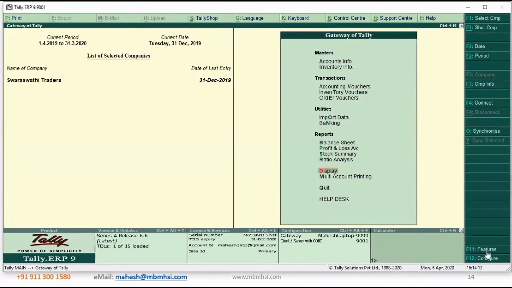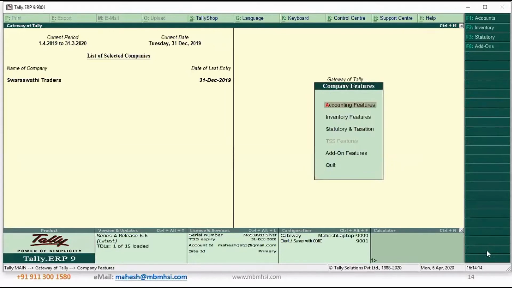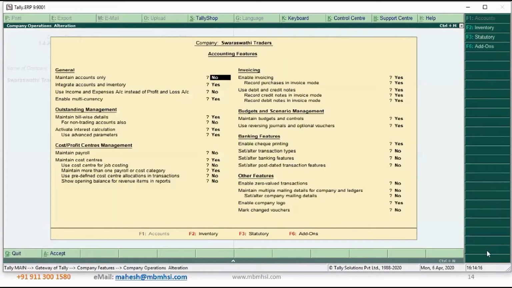Go to F11, Accounting Features. After Activate Interest Calculation, you have one more option called Use Advanced Parameters. Enable this and accept it.